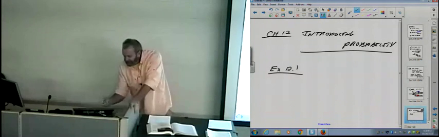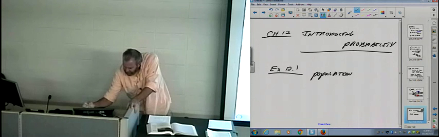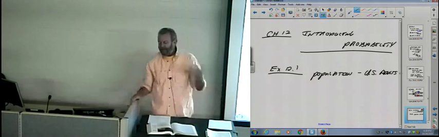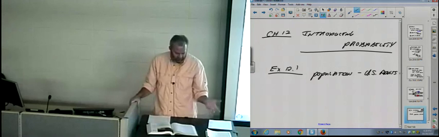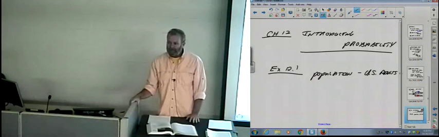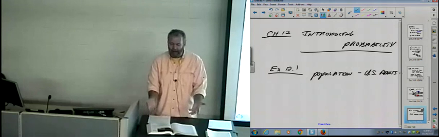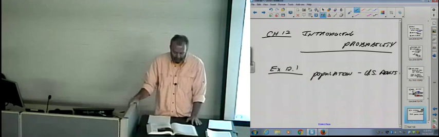So here your population, just so you know, is U.S. adults. Too big. Can't ask them all. We need a sample. It says, we don't know, but we do have results from the Gallup poll. We trust Gallup in this class. They usually take random samples. If you want to see how Gallup takes a sample, type them in Google, go to Gallup's site. They'll tell you exactly how they find their random samples.